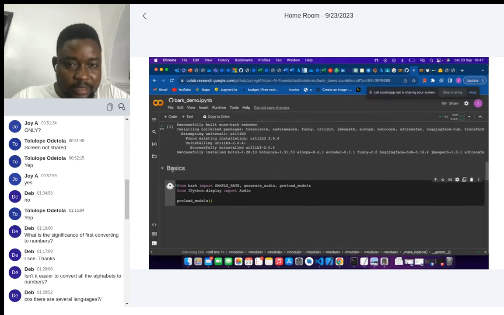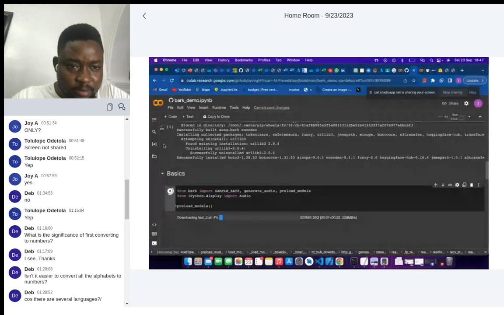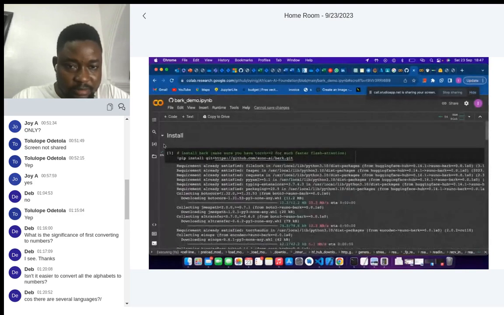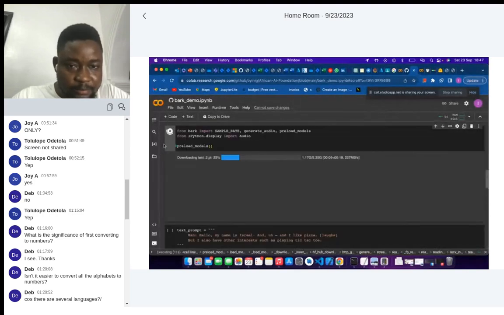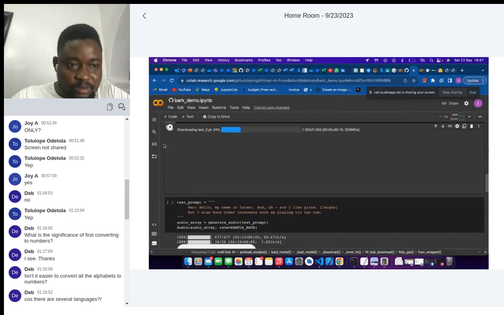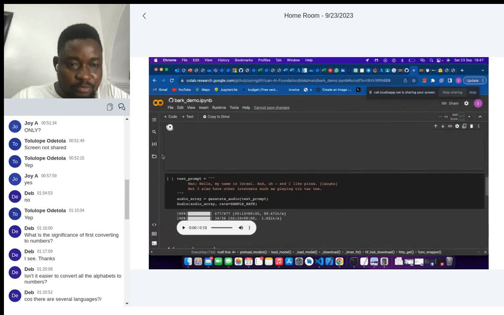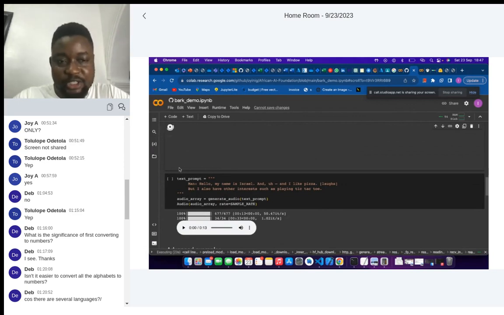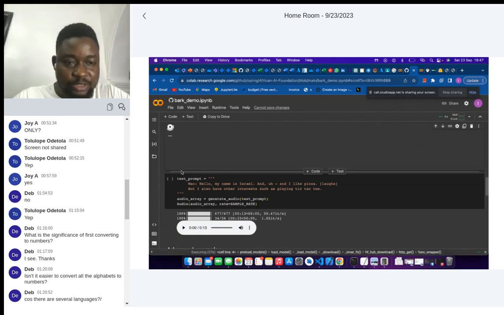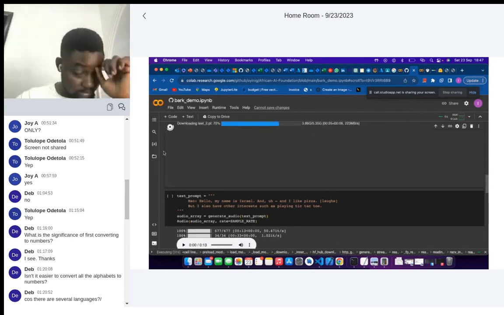You can check it out on Hugging Face. I'm not sure if it's on Kaggle yet, but you can check out the model on Hugging Face. So I'm loading the model. What it does is that it converts text to audio. What we saw earlier was text to image, but this is text to audio.